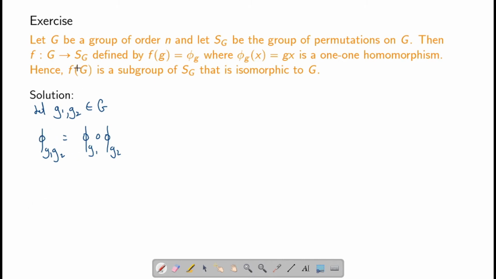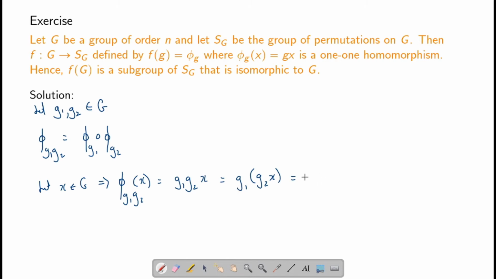So let us start with an element in the domain of phi_g. The elements in the domain of phi_g are elements of G itself. So suppose some x is in G, let x belong to G. So this will mean that phi_{g1 g2} of x is equal to g1 times g2 times x. But this is g1 times (g2 times x).